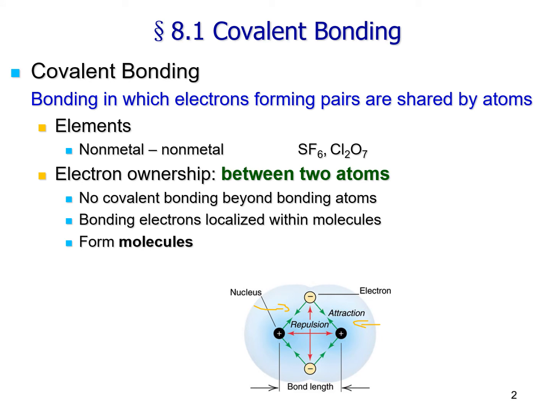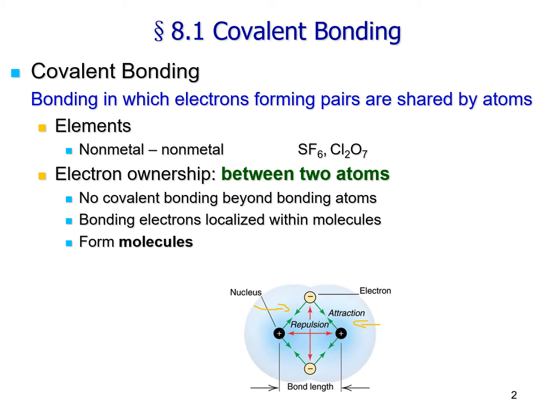And speaking of electron ownership, they share that pair of electrons. In this chapter, we call it the bonding pair of electrons. And such a bond is what we call the covalent bond.